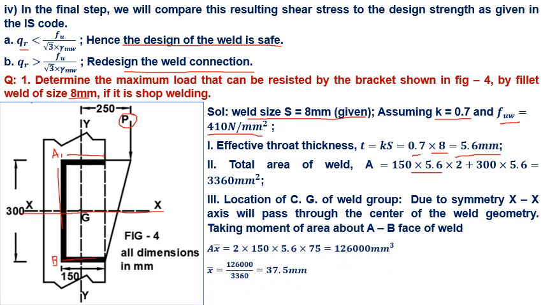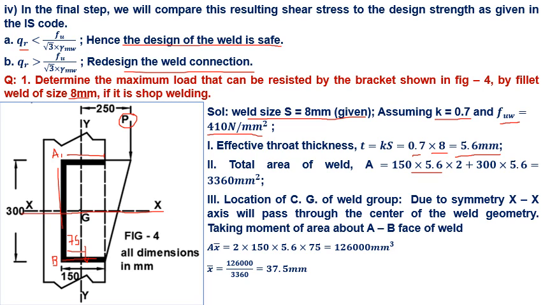We get 150 into 5.6, which acts as center, and distance of this from AB face is 75 millimeter. So A X bar is twice into 150 into 5.6 into 75.